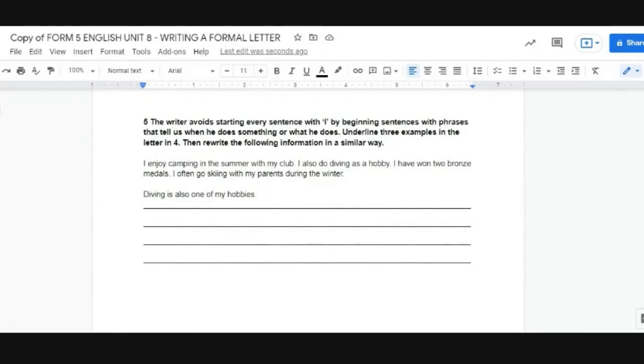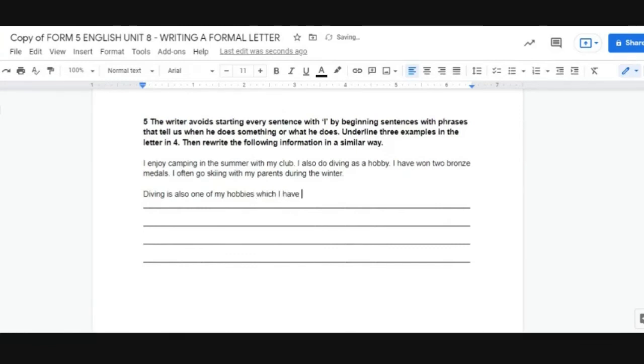Anyone? 2 bronze medals as my achievement. Okay, but you have to rephrase a little bit here. Maybe the bronze medals refer to diving also, right? So you can combine these two sentences actually. Diving is also one of my hobbies, and I have won 2 bronze medals.